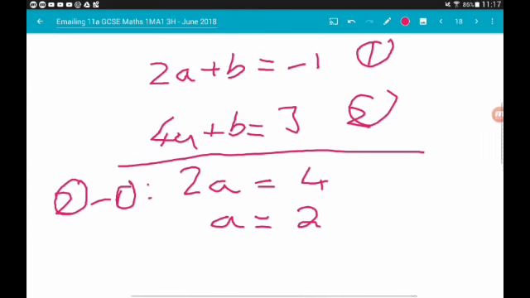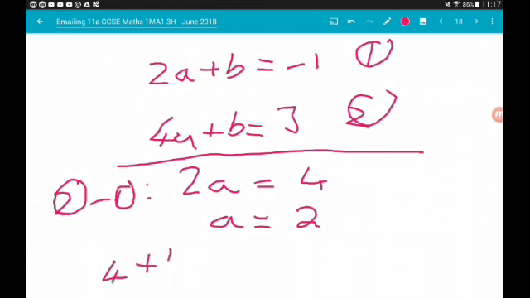So, now that we know what a is, we can work out what b is. If we use equation 1, we know 2 times 2, so 4 plus b is equal to minus 1. So b is equal to minus 5.